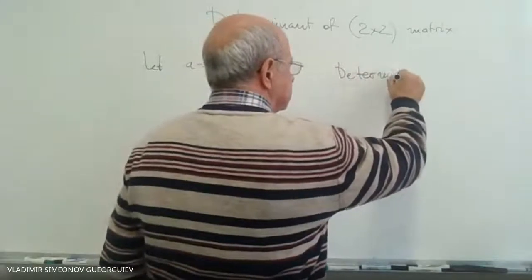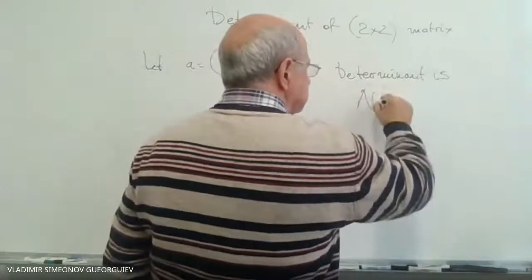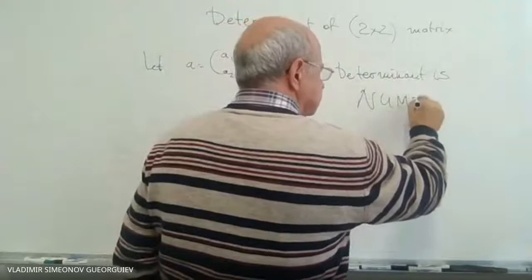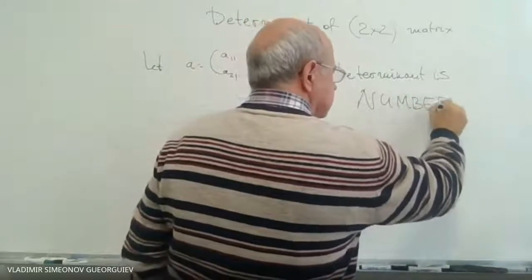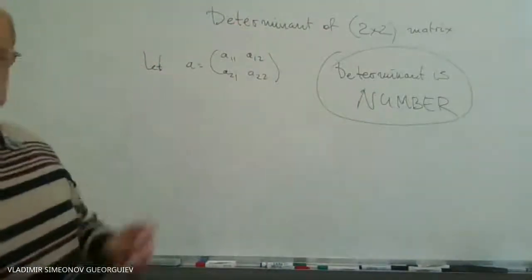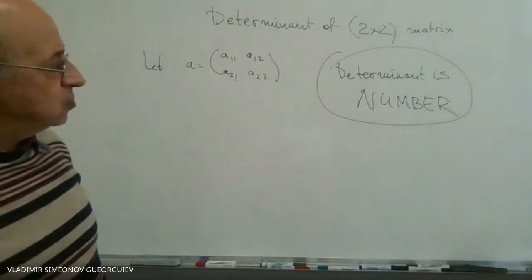Determinant is a number, not a vector, not a matrix. This is important. The first thing to understand, not to make a mistake, is not to think that this is something connected with our previous approach.